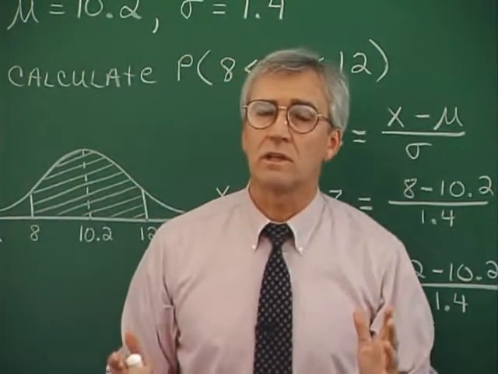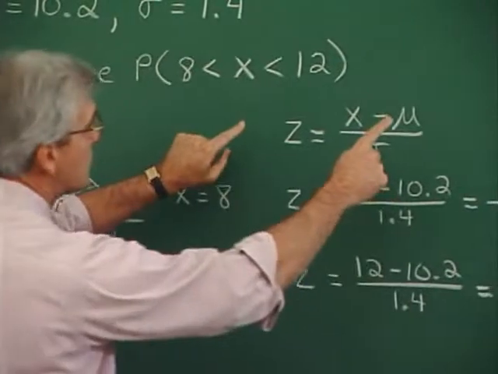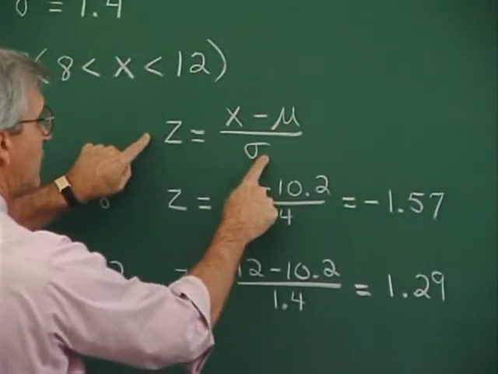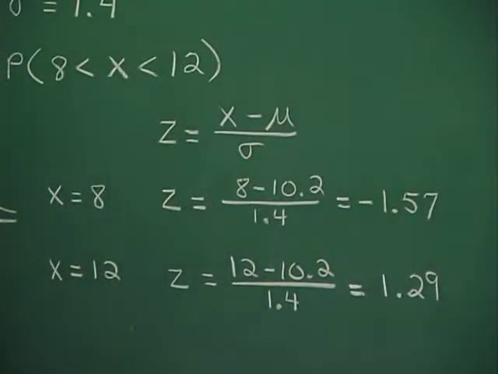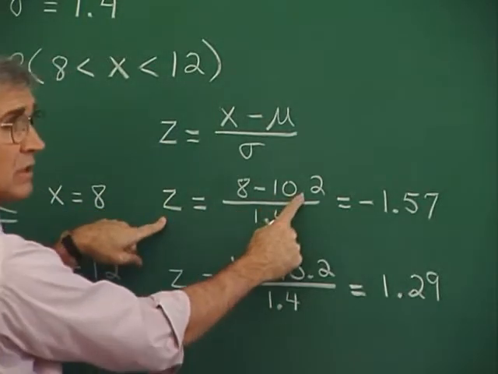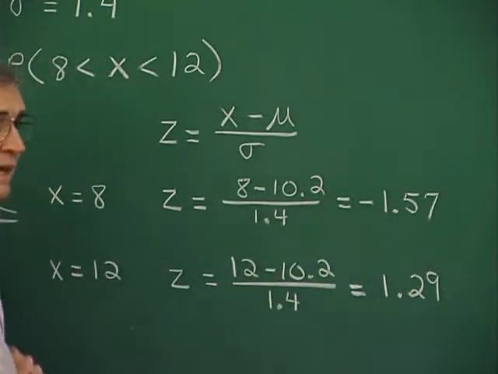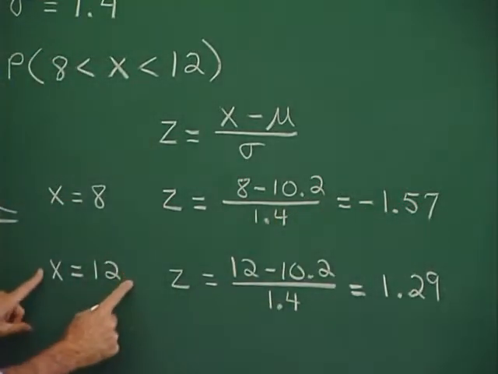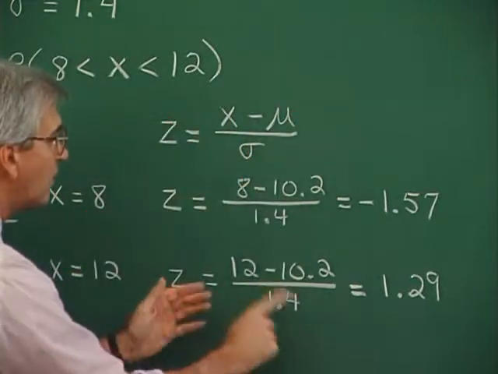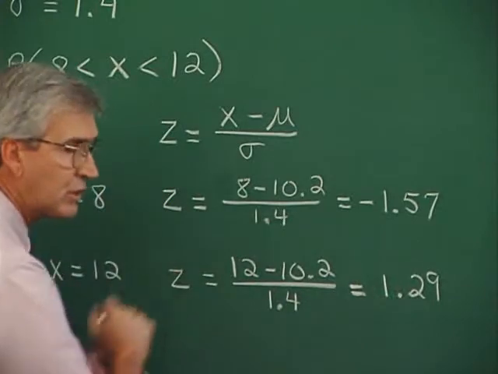Well, to first calculate the z-score associated with the 8 and the 12, we're going to use this formula, x minus mu over standard deviation, for our z values. When x is 8, then we would have z is 8 minus 10.2 over 1.4, and that turns out to be negative 1.57. If x is 12, then we replace x with 12, same mean and standard deviation, and we get a z of 1.29.